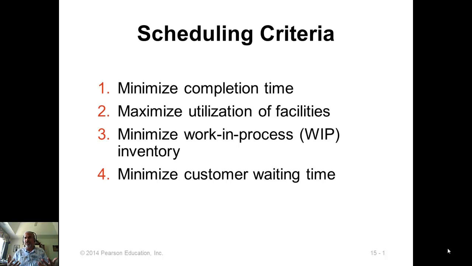Maximizing utilization of facilities again means that you're completing the jobs as quickly as you can. And of course, WIP, the work in process inventory minimization, is what the first and the second criteria tend to support.